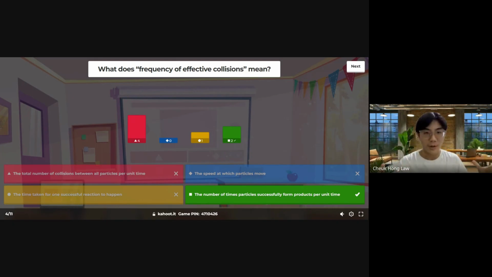But here we are talking about effective only. So effective only, it has to successfully form products, has to have a successful chemical reaction. If you say collisions in general, you are talking about both effective and ineffective. Okay, so green is your answer.